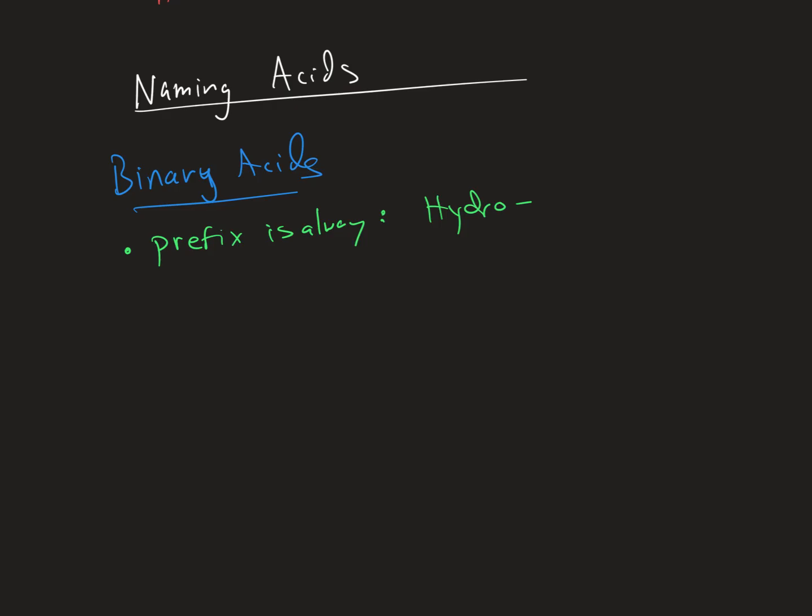Oxyacids do not have that. So that's how you tell them apart, with their names. Okay, the suffix is always IC. And then we add the word acid to the name.